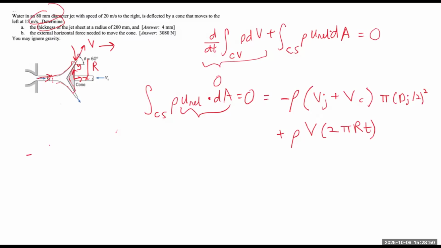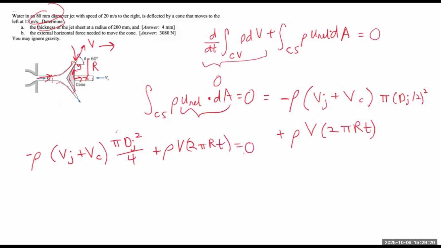So it's going to be negative rho times (Vj plus Vc) times pi dj squared over 4, plus rho v 2 pi r t, and this is equal to 0.